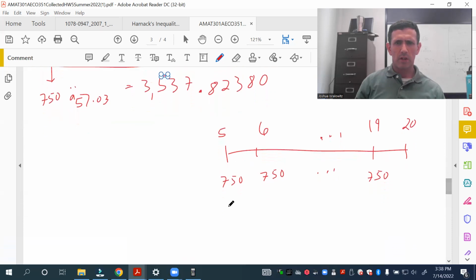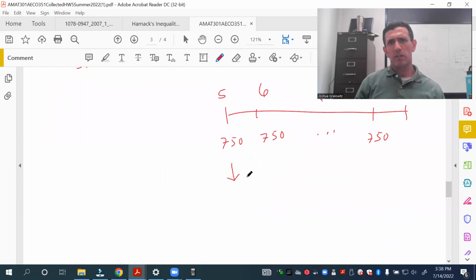So the present value as an annuity due is going to be at t equals 5, because that's when the first payment is.